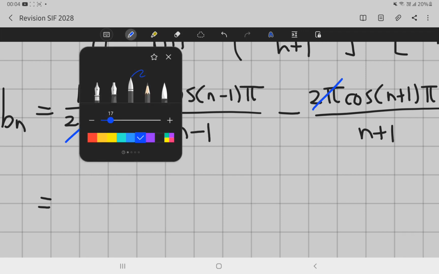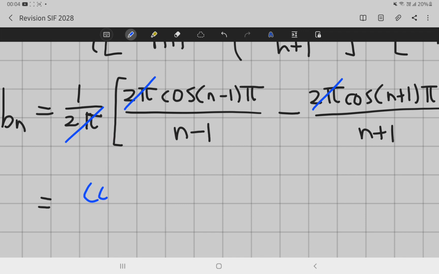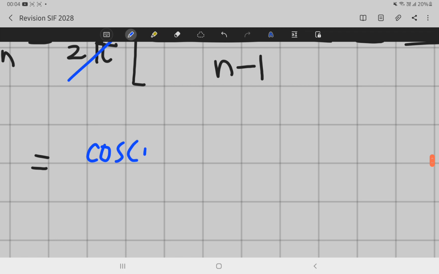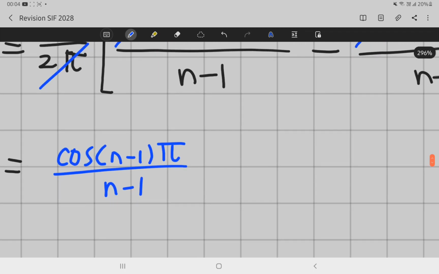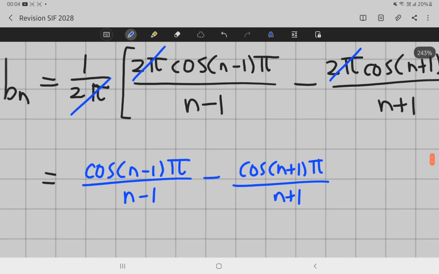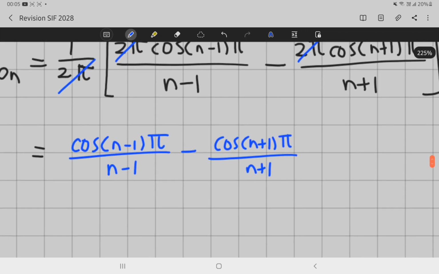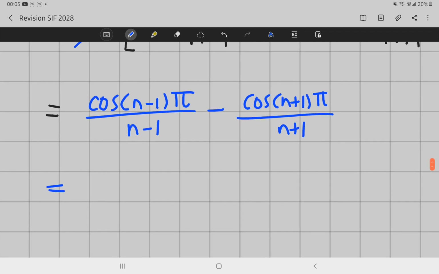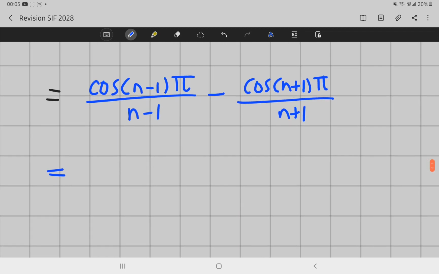It becomes cosine (n minus 1) pi over n minus 1 plus cosine (n plus 1) pi over n plus 1. Okay, so what I can do here is express cosine of n plus minus 1 pi in what form. Alright, my god, I already forgot this.